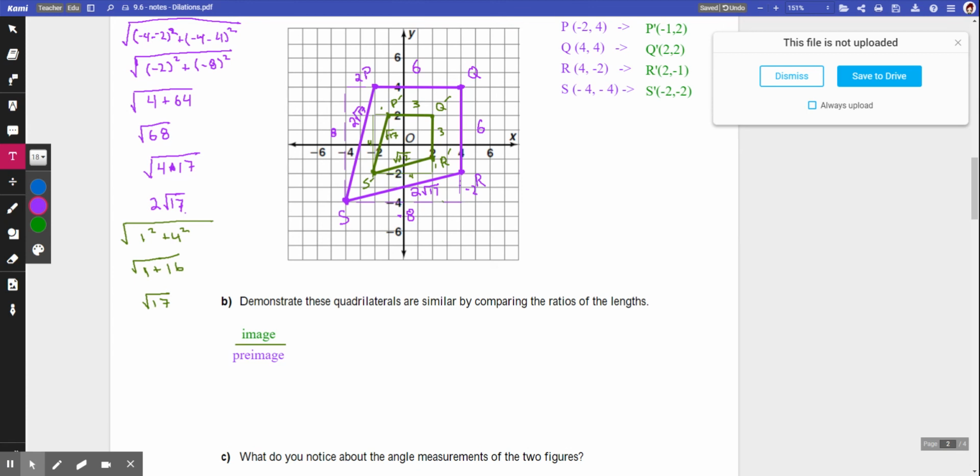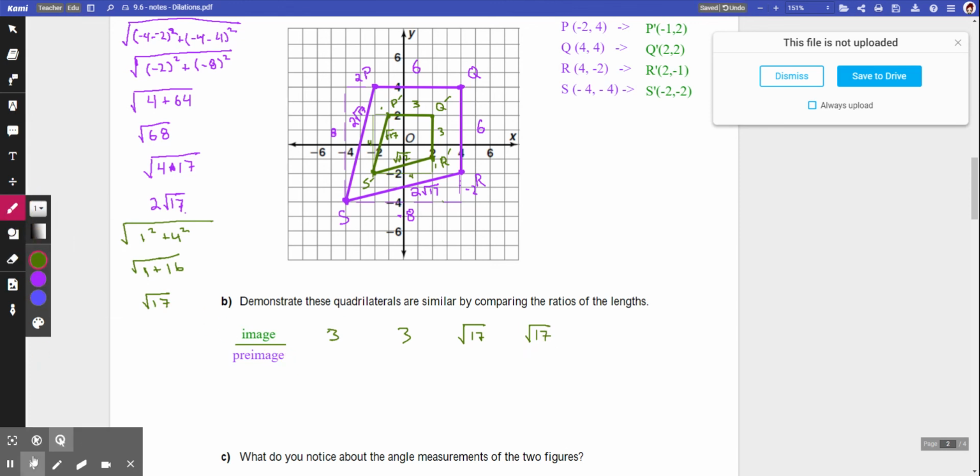So I've got 3, 3, root 17, and root 17 over 6, 6, 2 root 17, 2 root 17.